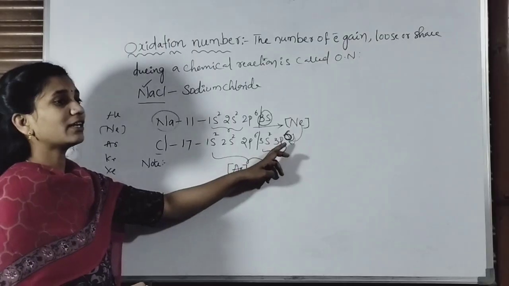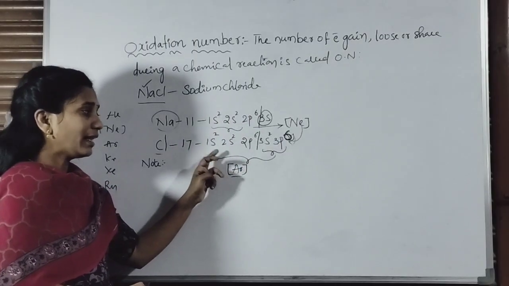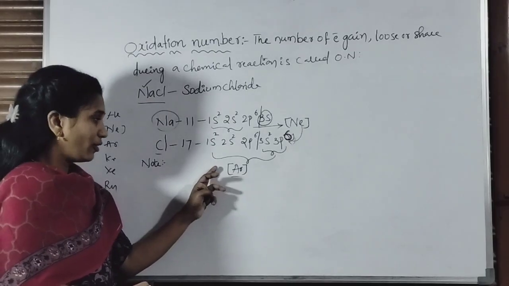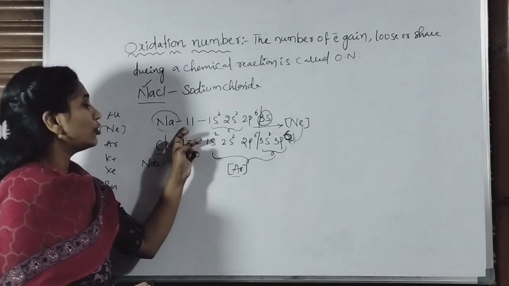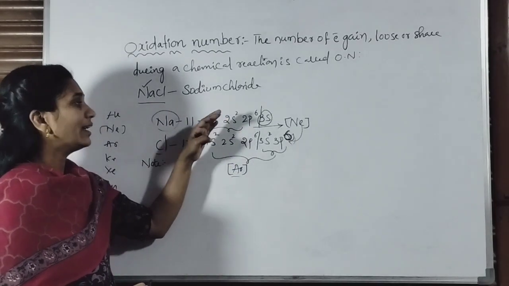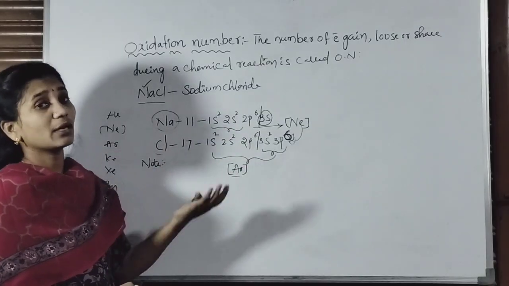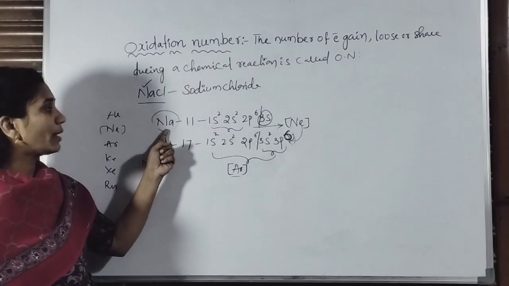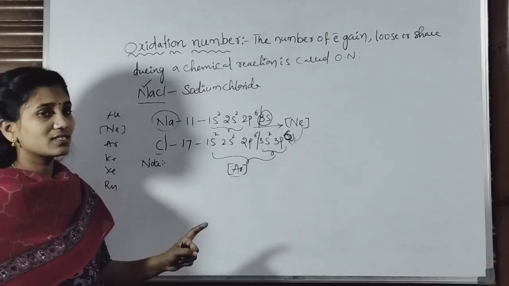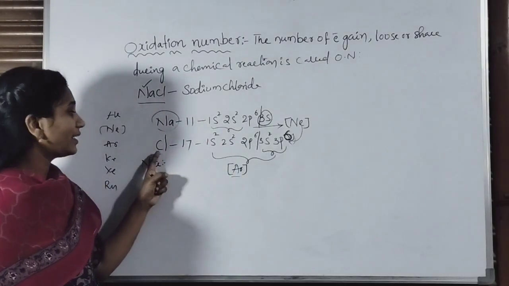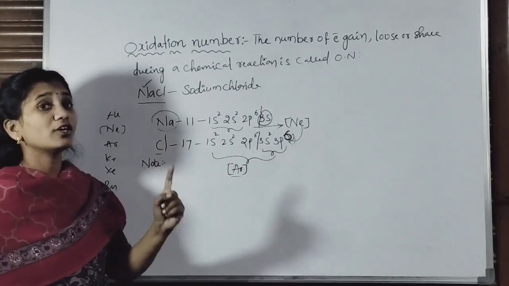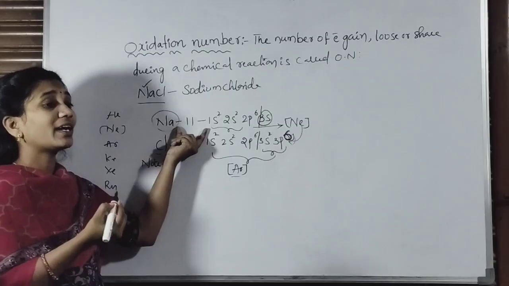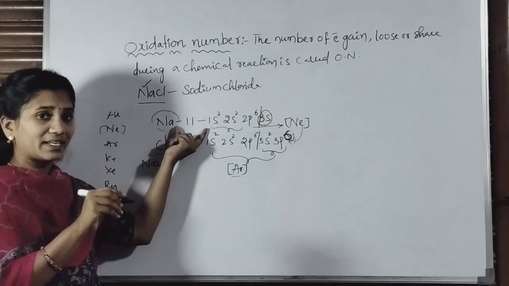So by taking one electron from sodium, chlorine gets the nearest noble gas configuration of argon, and by losing one electron from its valency, sodium gets the stable electronic configuration of neon. In this way, from sodium metal one electron is lost to get stabilized, and in the chlorine case one electron is gained from another element which is ready to give its electron to get stability.